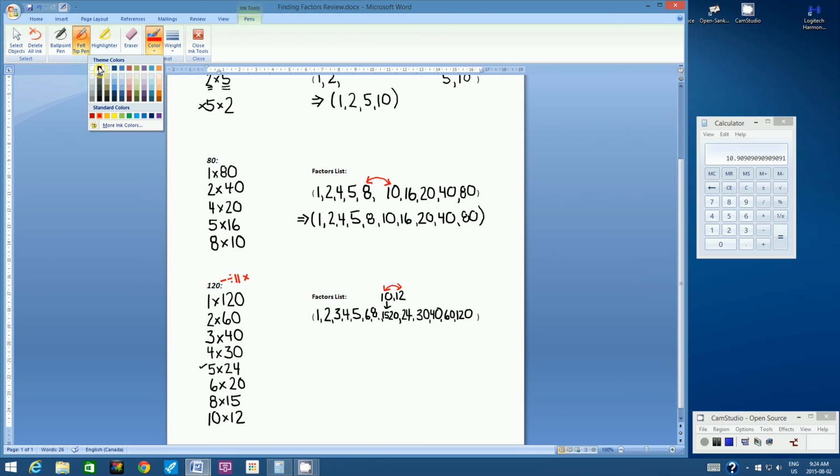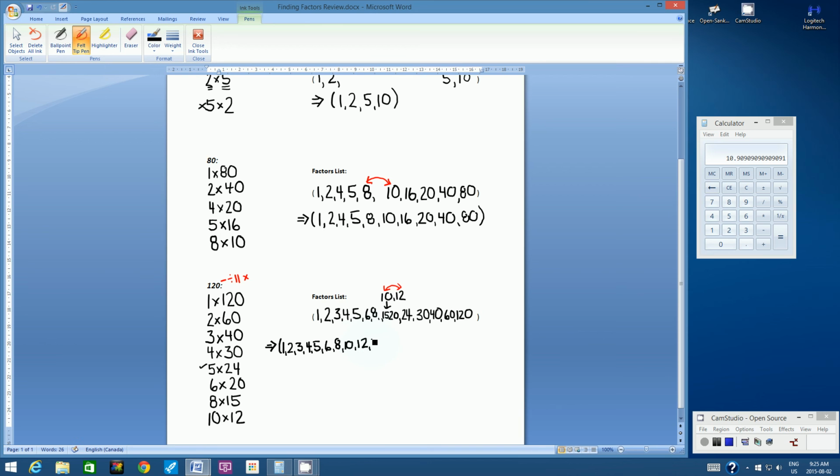Okay, so on my last step, I'm going to give myself a little bit of room here because the factors list is so long. All right, got to be really neat here. So I just want you to write out in ascending order, numerical order, all of your factors. Don't forget any. It's quite an extensive list.